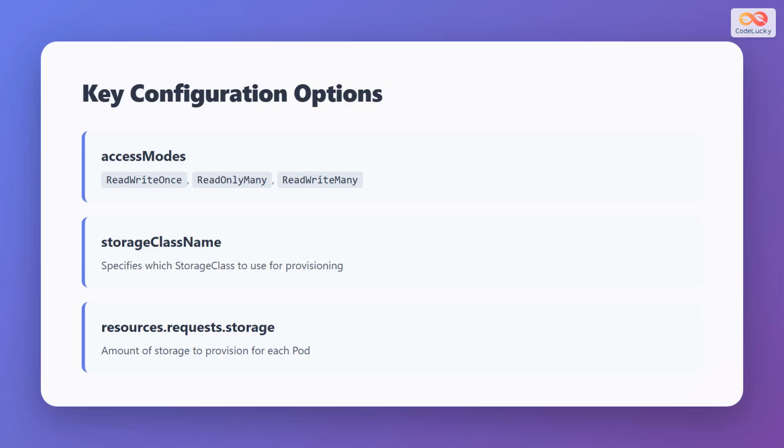Second, storage class name specifies which storage class to use for provisioning. Storage classes define the type of storage and how it's provisioned, for example, fast SSD storage or slower HDD storage. Third, resources.requests.storage defines the amount of storage to provision for each pod. This is the size of the persistent volume that will be created for each pod replica.